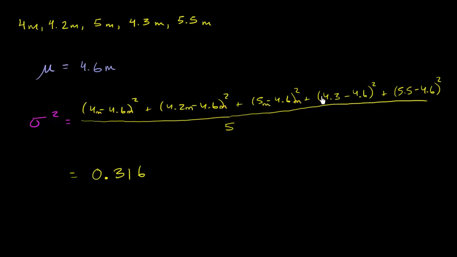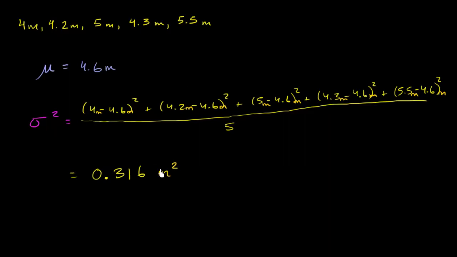These are all measurements in meters. When you subtract them, you'll get meters. But then when you square them, you get meters squared plus meters squared plus meters squared plus meters squared plus meters squared. And then you're just dividing that by a unitless count of the number of data points you have. So the units here are going to be square meters.